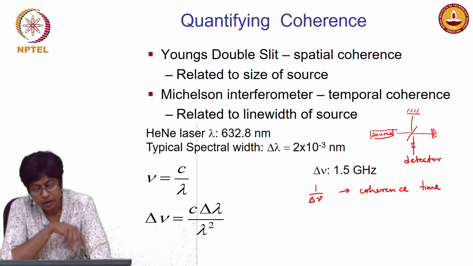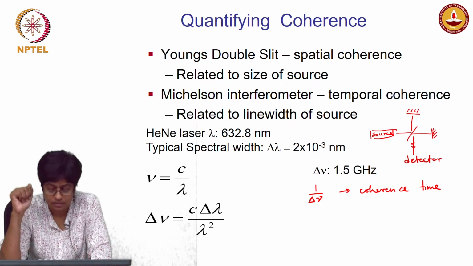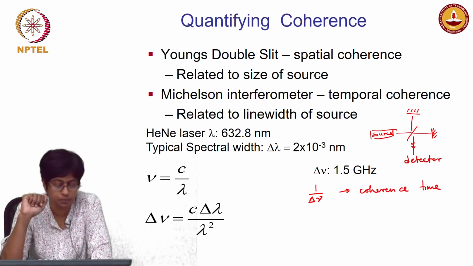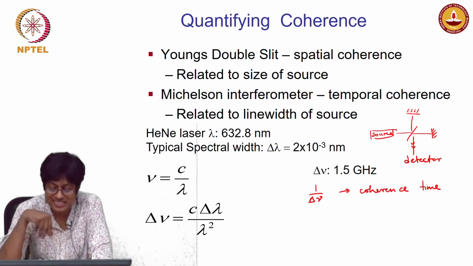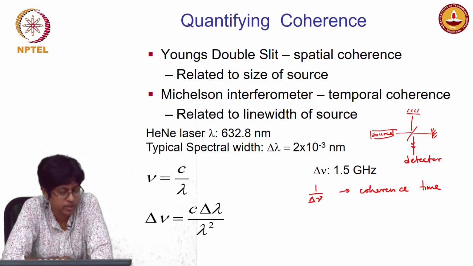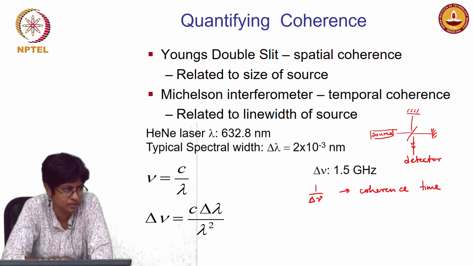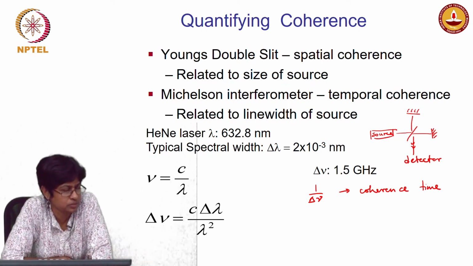How would you relate this coherence time concept to be used in this interferometer? Where does time play a role in this interferometer? I said we use a Michelson to study temporal coherence. So how do I study time in this interferometer?